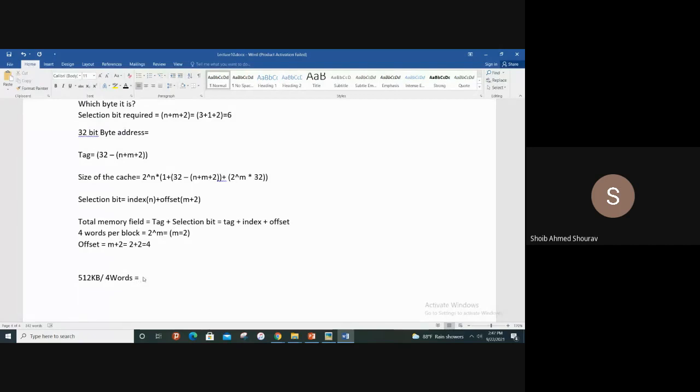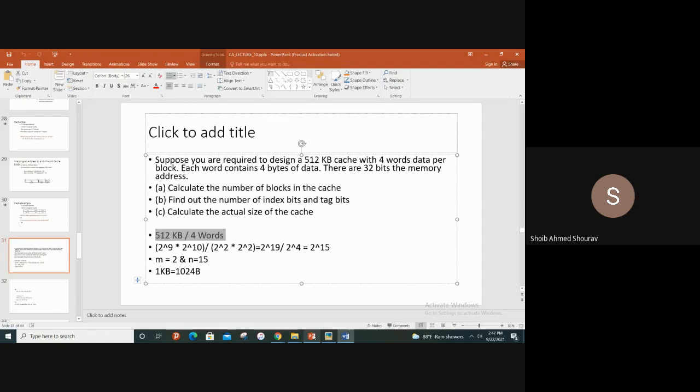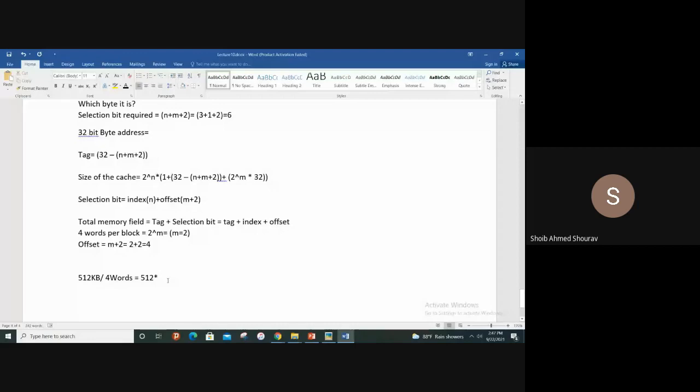As the memory is byte addressable, we are going to take them in bytes. 1 kilobyte is equal to 2 to the power 10 bytes. So I'm going to multiply by 2 to the power 10.